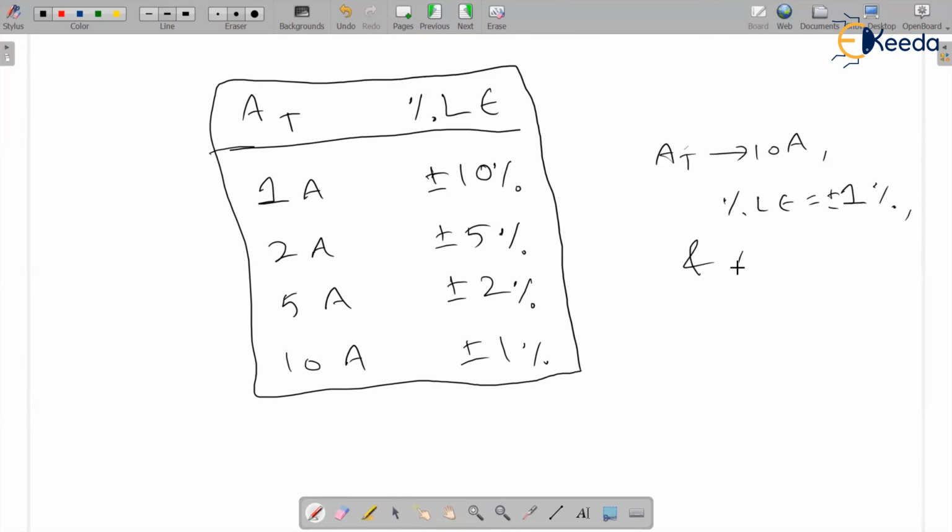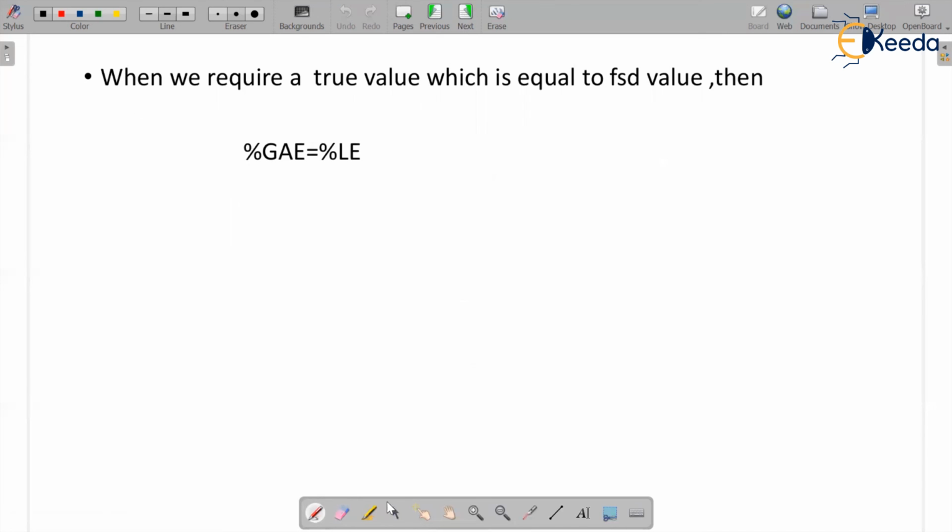And my percentage GAE, given in the question, is also 1%. The same point, so both are equal when we are measuring 10 amperes. When we measure a true value equal to the FSD value, percentage LE is equal to percentage GAE.